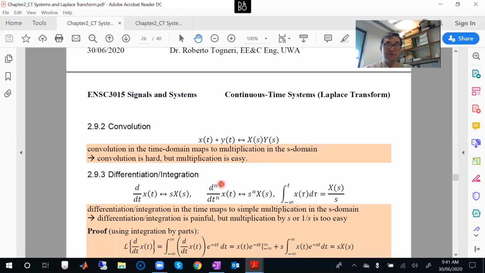Differential equations. Remember those differential equations, which involved the first derivative, the second derivative, the third derivative of x, and ditto for y. Well, if you take the Laplace transform of a differential equation, and don't forget, the Laplace transform has the property of linearity, then what you end up having is s times X, s squared times X, s cubed times X, etc. You convert your differential equation to a polynomial equation in s.